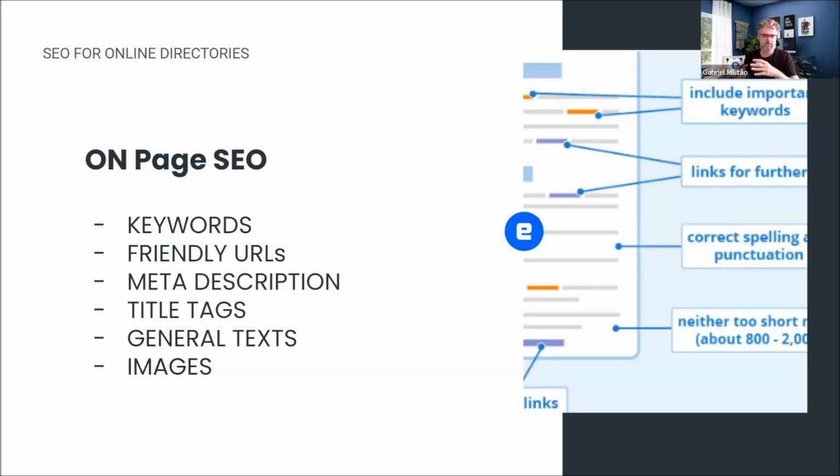If you can use the keyword of that service or that business in the URL, Google will read that and match it with the title of the page, the content, and the keywords used both in the URL and in the content. And Google will understand that that page is more relevant for the search query the user is looking for. And the meta description, I'll talk about that in a moment.